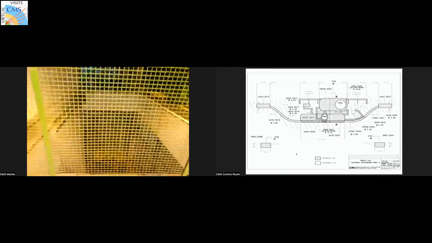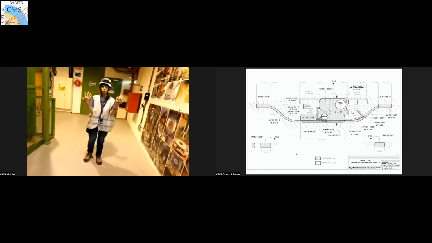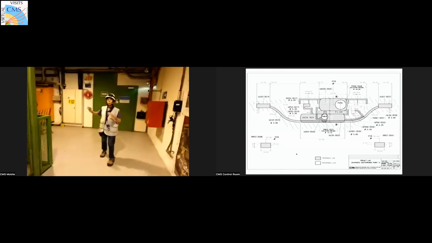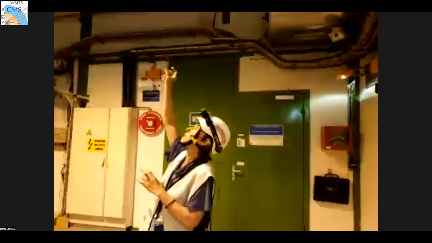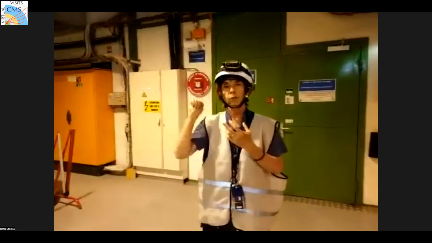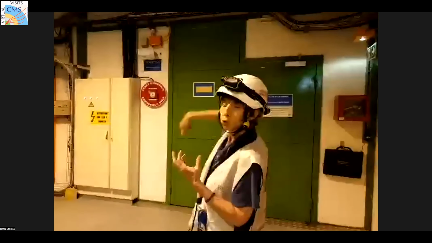I'm in the middle of the service cavern, and now I will bring you with me to the first room where we have electronics. This is not the only room where there is electronics. There is another one that I would call a twin room upstairs here, and then we have other electronics on the other side of the service cavern, that more or less is the sum of the two here.